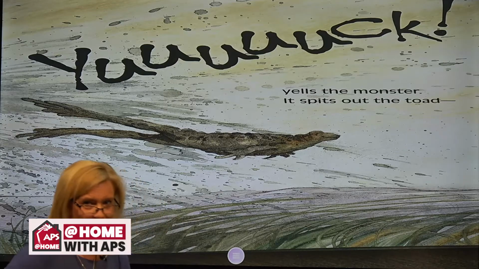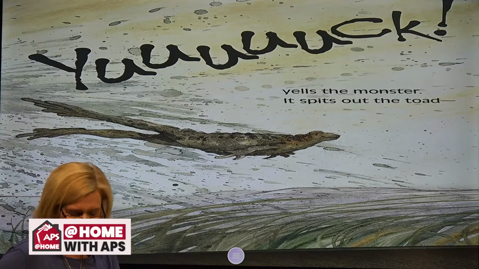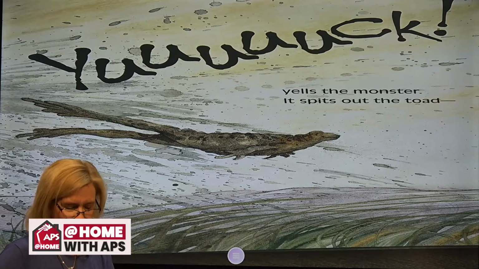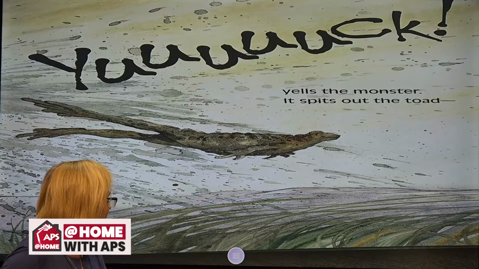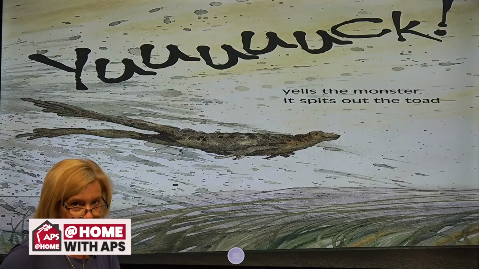Pah! He spits out that toad. Can you see the toad's face? He's looking pretty pleased with himself because he knows that nobody wants to eat me. I don't taste very good.